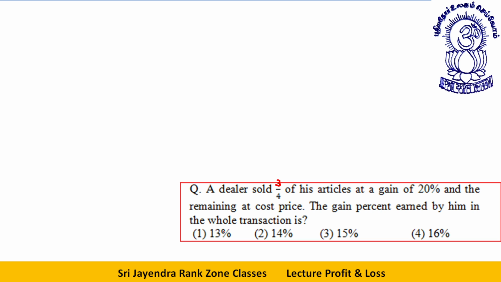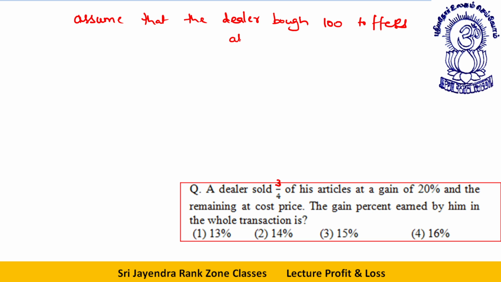The gain percent earned by him in the whole transaction is... Let's assume that the dealer bought 100 toffees at a price of 1 rupee each.